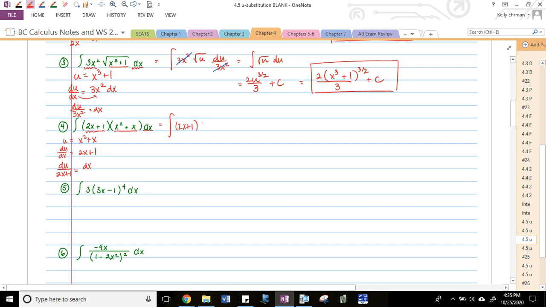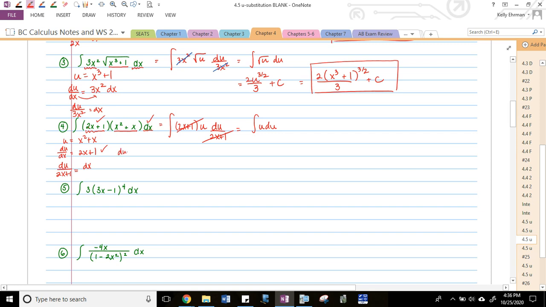And again, now all we have here is u, by the way. If you've done this before, you might be thinking, why do I have to write all this stuff out? I can just see that those are going to cancel, and I'm going to get u du. That's totally fine. If you can see from here that you don't really need to solve for dx, that you have du right there.